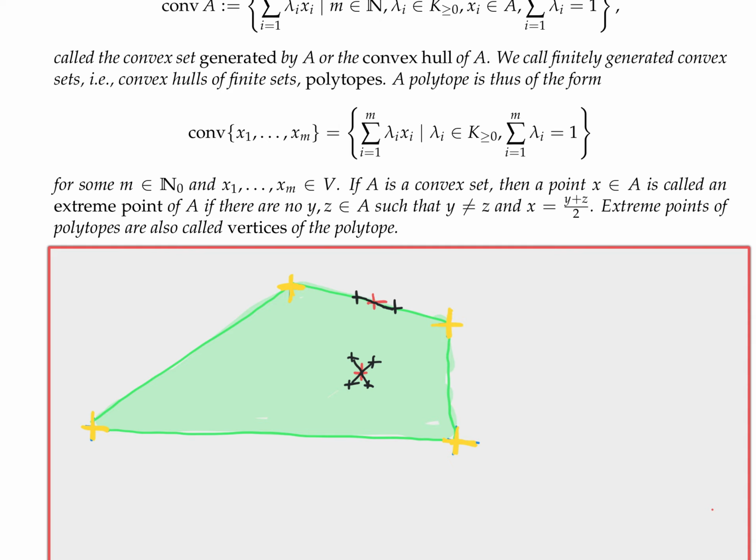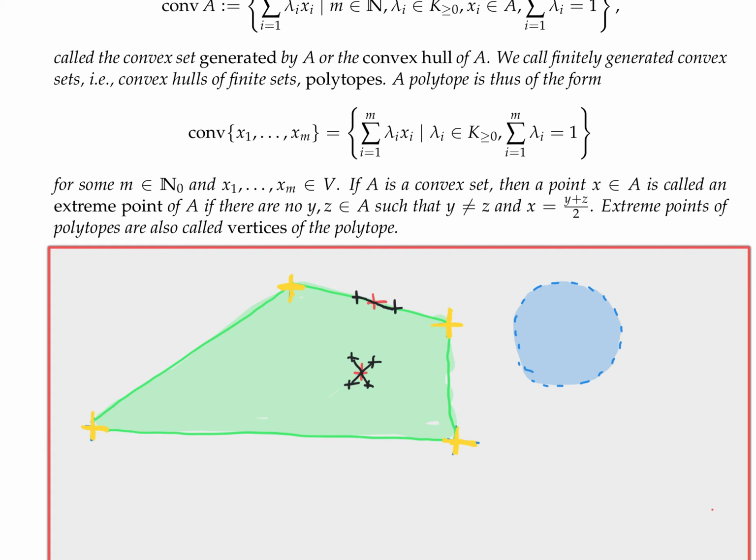Okay, but let's make more examples concerning extreme points. What happens if I have just the open unit disk in R^2? Let me draw it. It's something like this, right? The dashed line means that the boundary should not be included. So what are the extreme points?